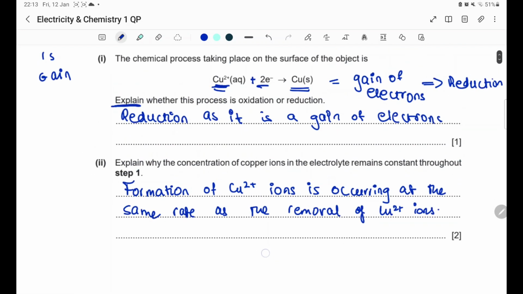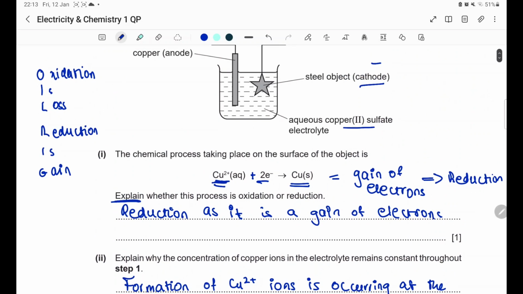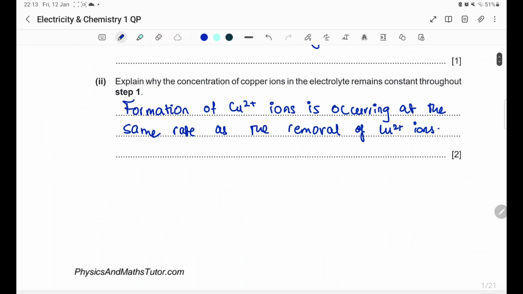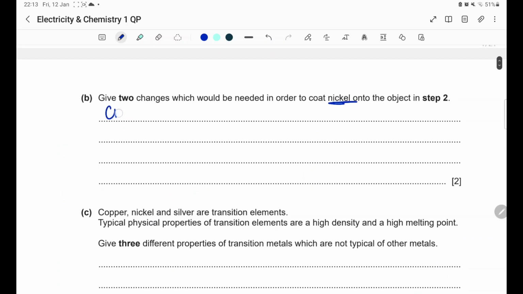So first of all, you're going to have to change the electrolyte. You can no longer have copper sulfate. You're going to have nickel sulfate. Change electrolyte to nickel sulfate.